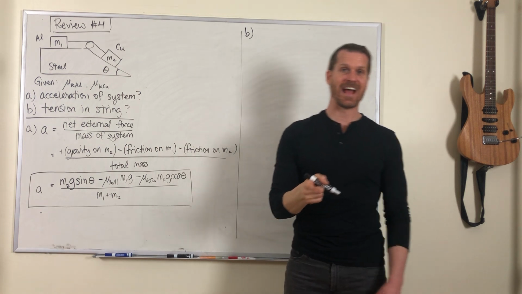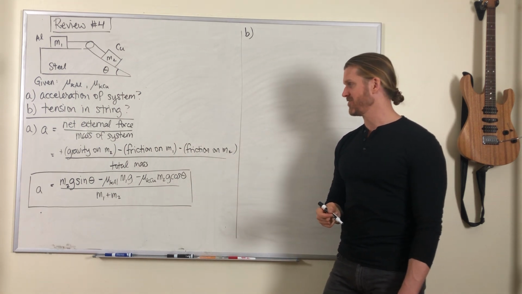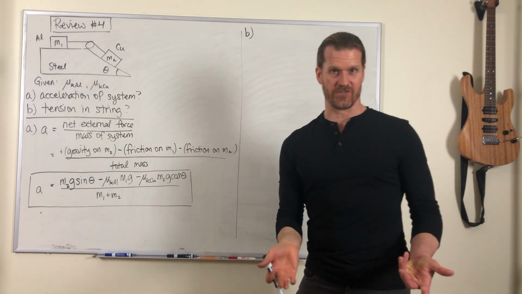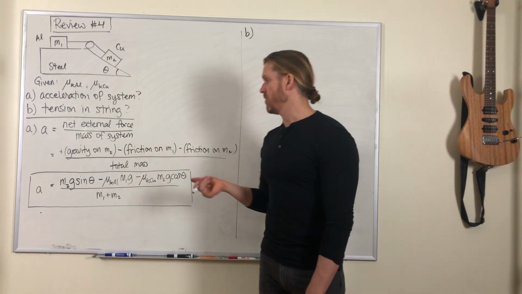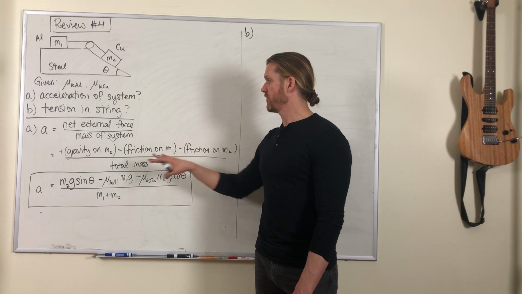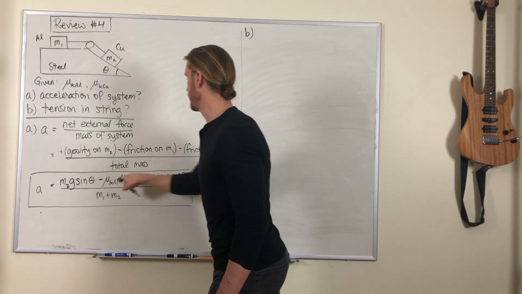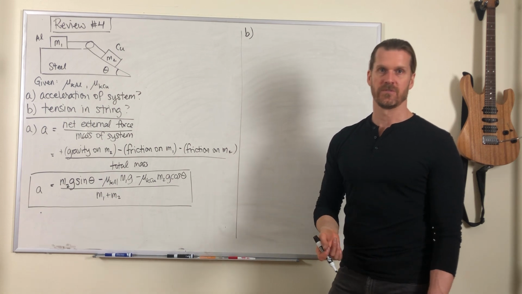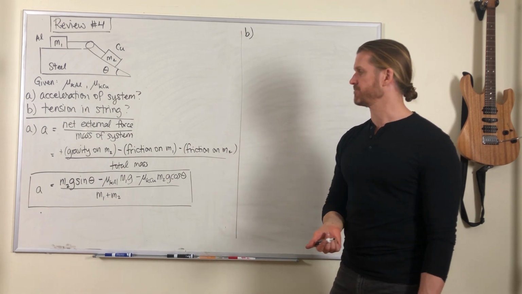So something I might ask you to do on the exam is explain this process in words like I just did now. Tell me what each of these terms mean and how you knew to write them in the equation.